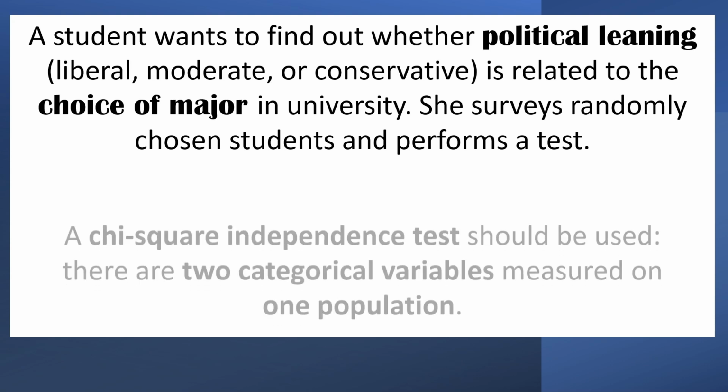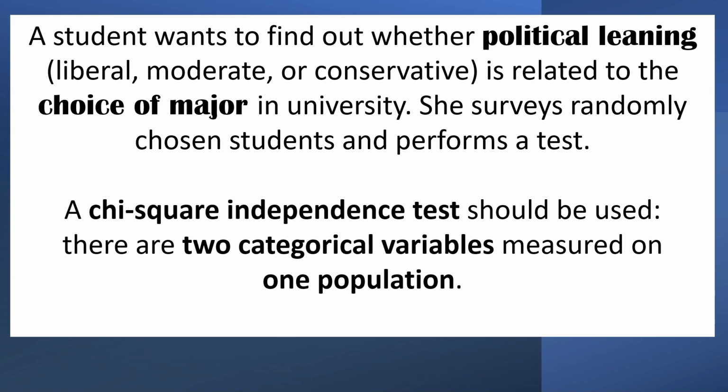So here, it's a chi-square test of independence, because there are two categorical variables. There's political leaning and choice of major. Those are separate variables, and each one is categorical. And you can see that the population is just one population. It's a survey of randomly chosen students, so it's a single population. So that's clearly independence.